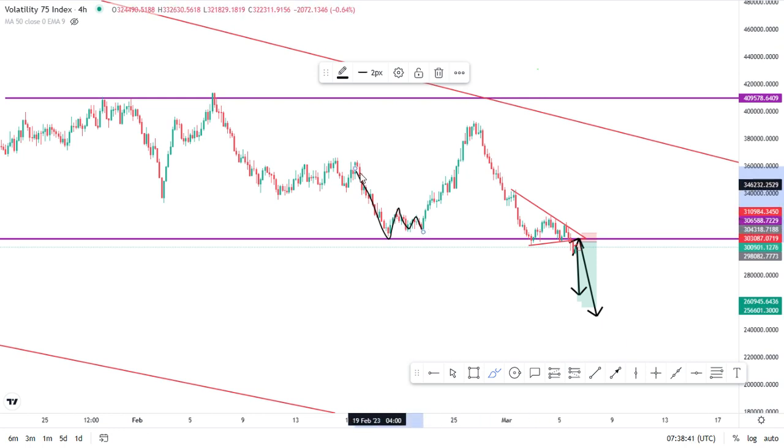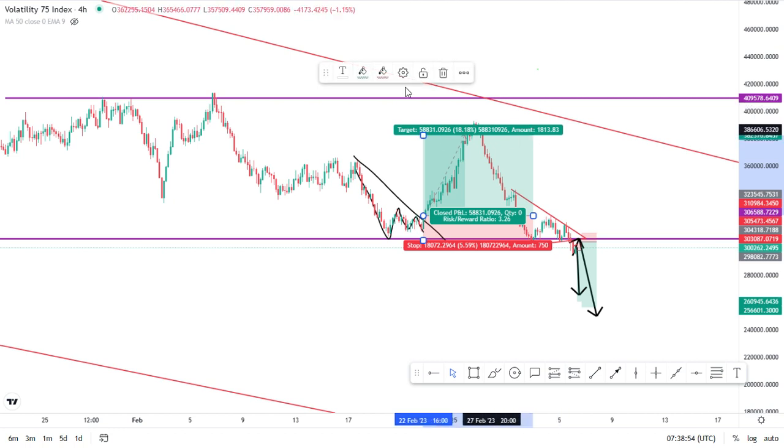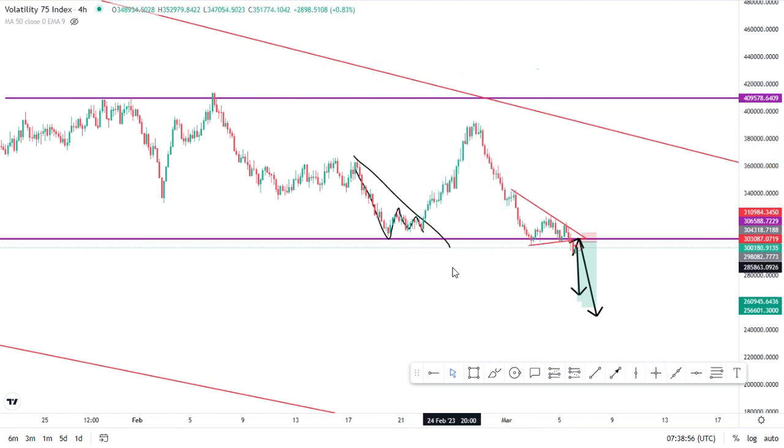You make entry at this zone, and your stop loss below. TP can be 1:2, 3, 4, 5, 6, or 7. So any amount, but I'm just trying to make you understand how this strategy works.